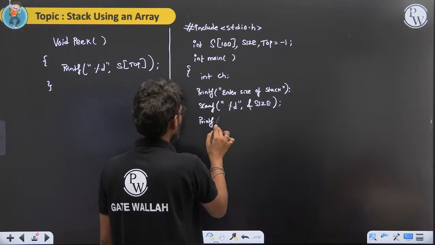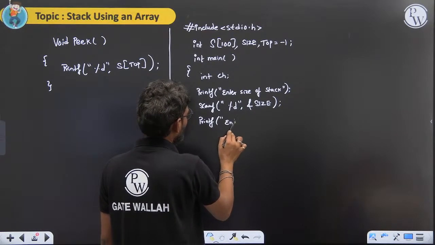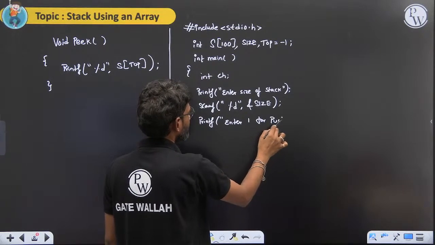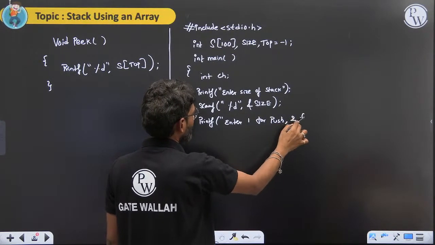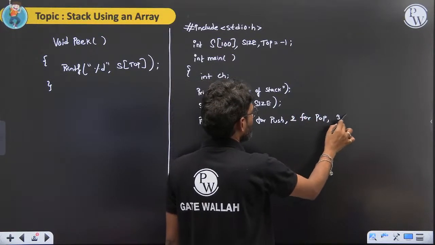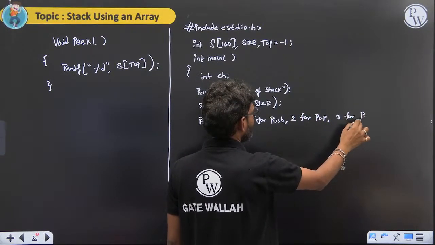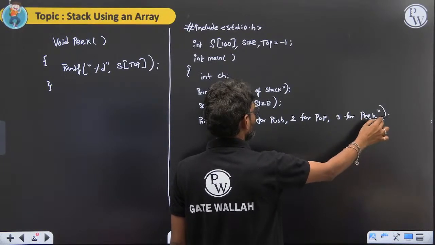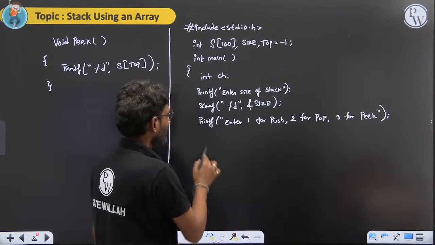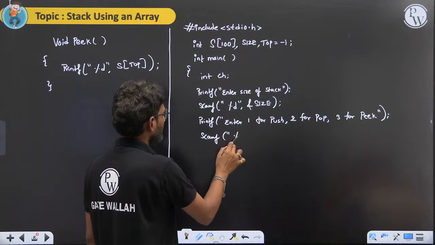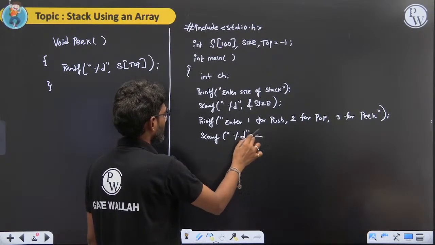So printf enter 1 for push operation, 2 for pop operation, 3 for peek operation. Let us take the choice. So scan choice.